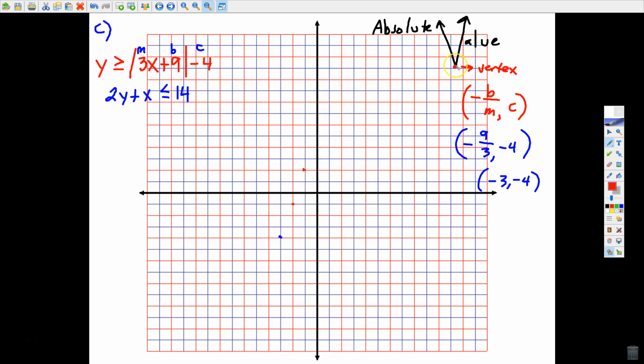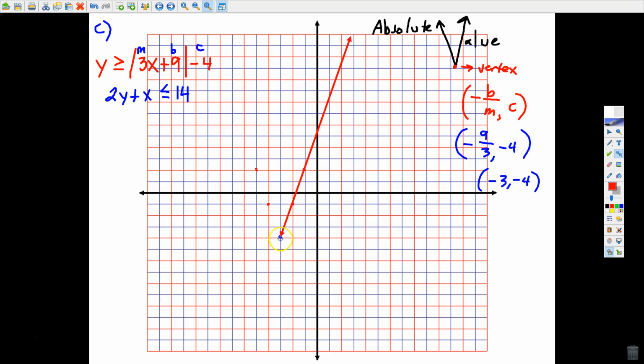And a V, or an absolute value function, is really 2 lines. And where those 2 lines intersect is the vertex. So to get the other half of the V, just think of a -3 slope. Up 3, left 1. Okay, and once again, this is going to be a solid V shape because it says we're equal to.